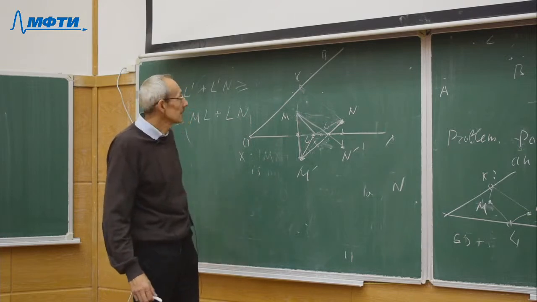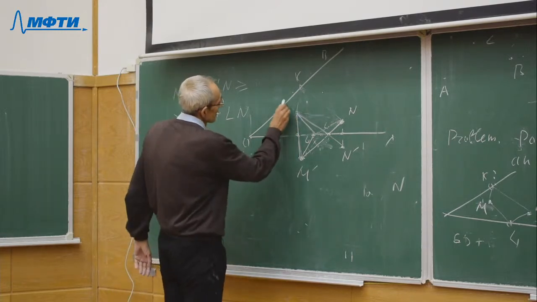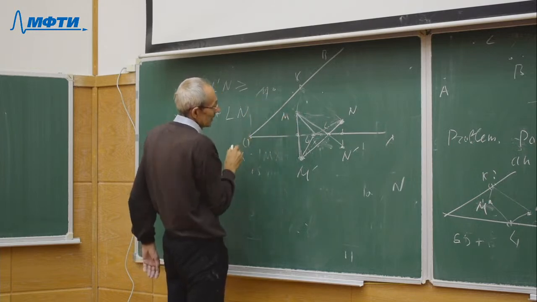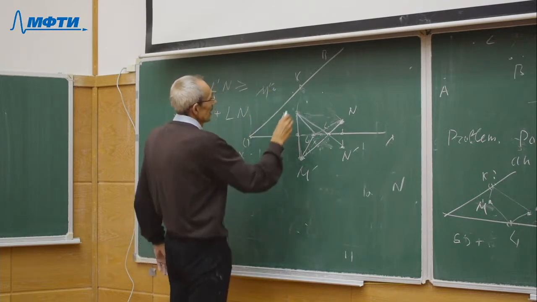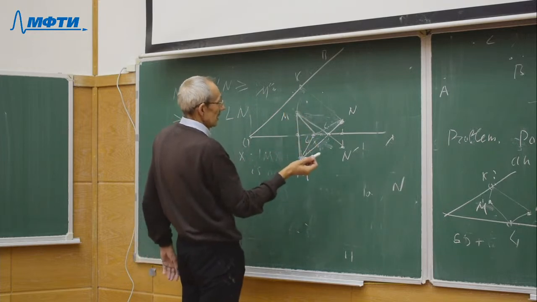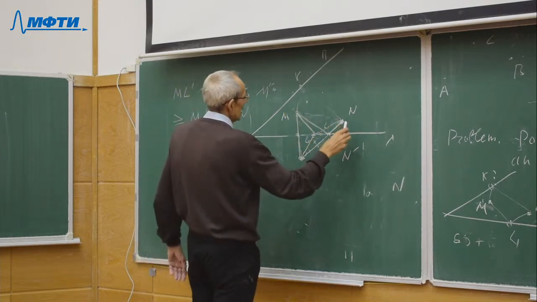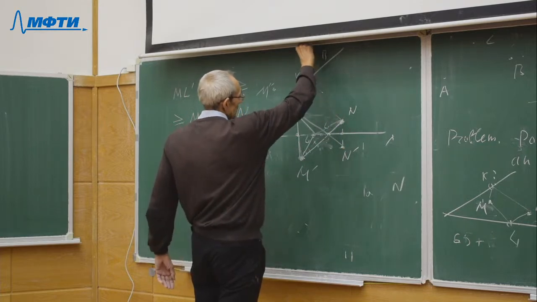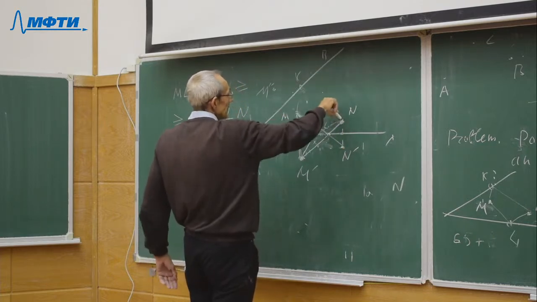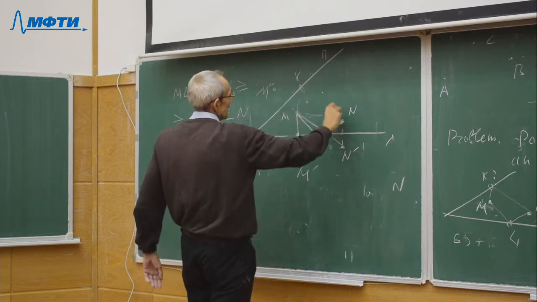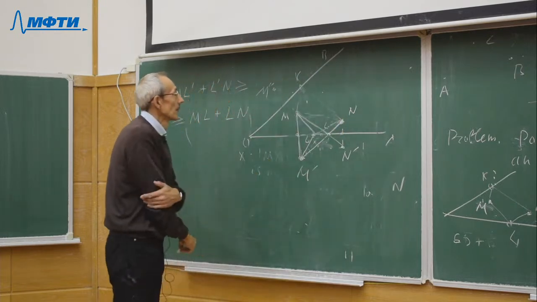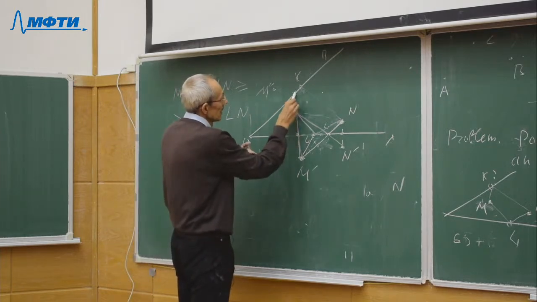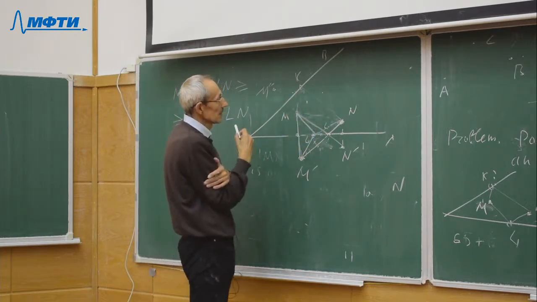Let's reflect this point M to M prime, and we can find the position where the sum of these distances is minimal.